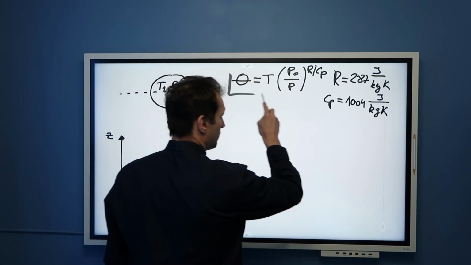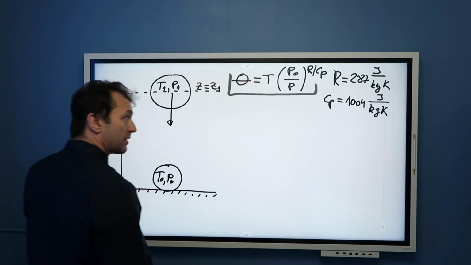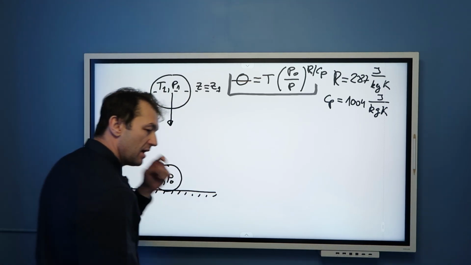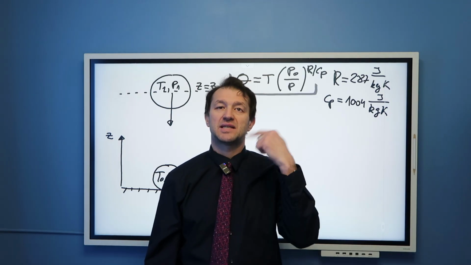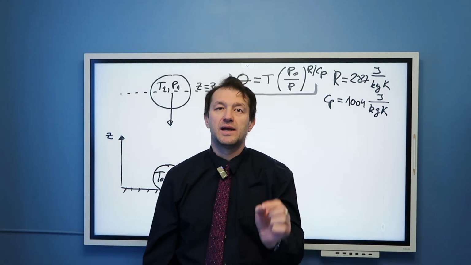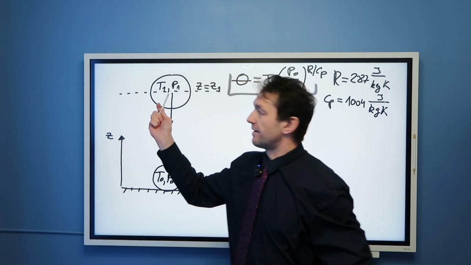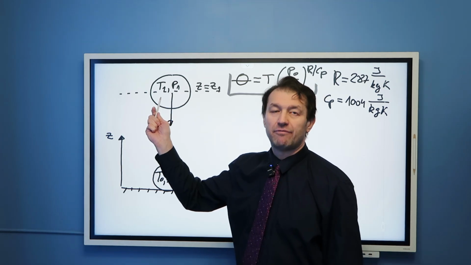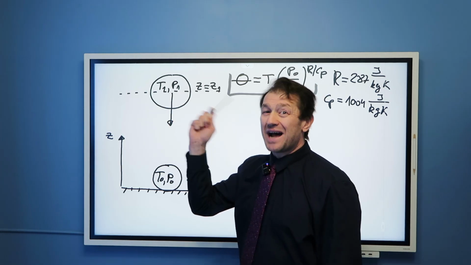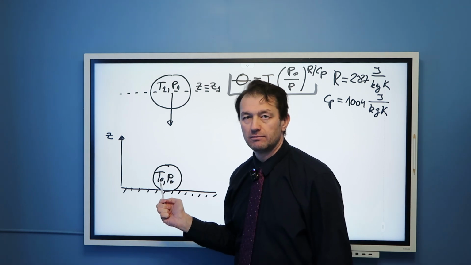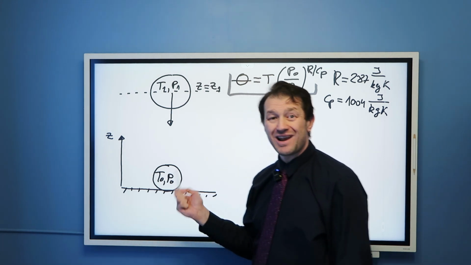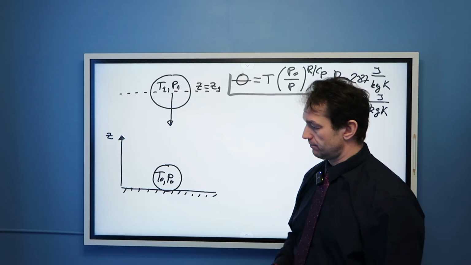So if we look into this equation for potential temperature, what is it? Potential temperature is the temperature that a parcel of air would have if dry adiabatically brought to the reference level or reference pressure P0.